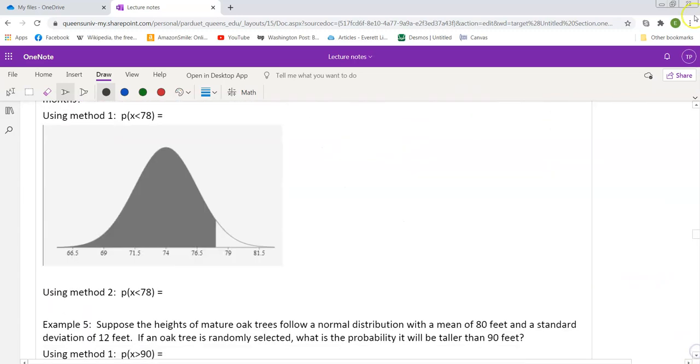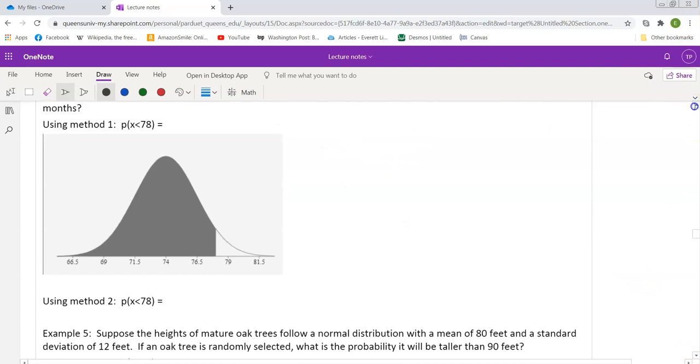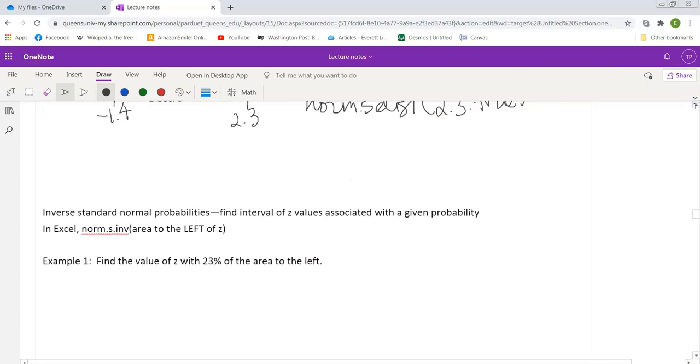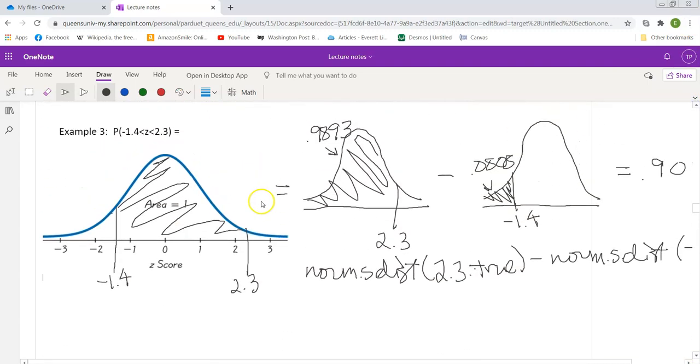And then there was the between scenario, where you have to do norm S dist of the upper value minus norm S dist of the lower value. All right? So that's it for this section, or for this part of this section. Stay tuned for the next part.